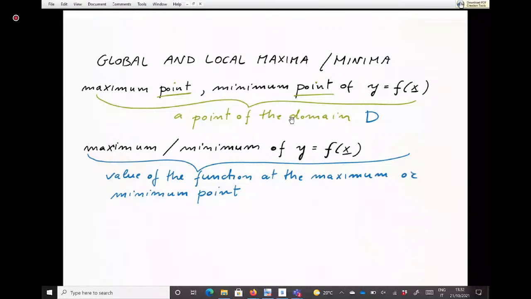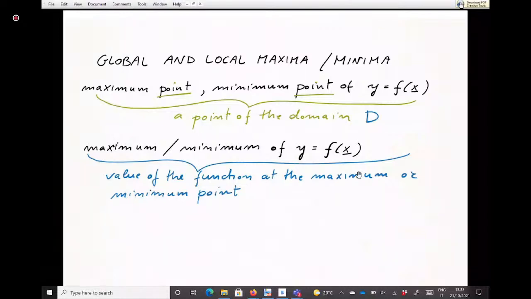So remember that when I say maximum point, minimum point, it is a point of the domain. When I just say maximum or minimum of the function, this is the value of the function corresponding to the maximum point of the domain or to the minimum point of the domain, okay? So we basically want to find the maximum, for instance, of a function by identifying what is the maximum point of the domain.